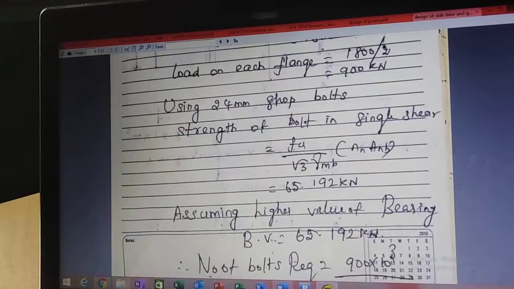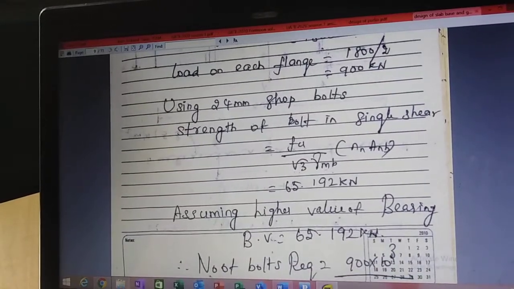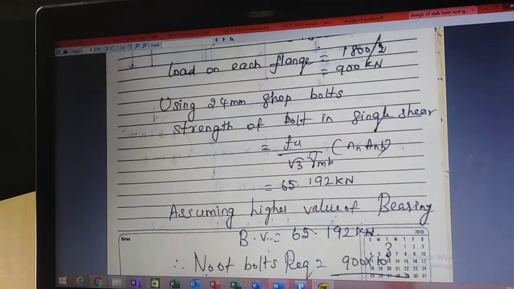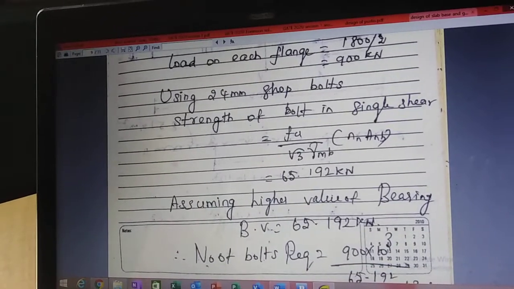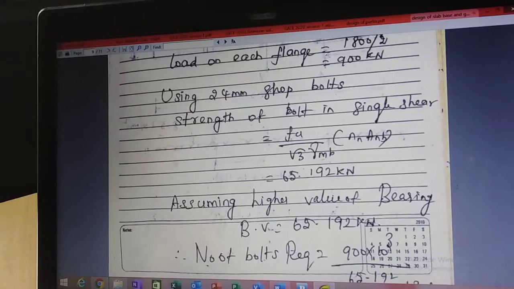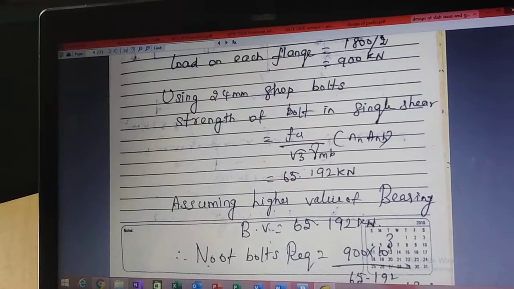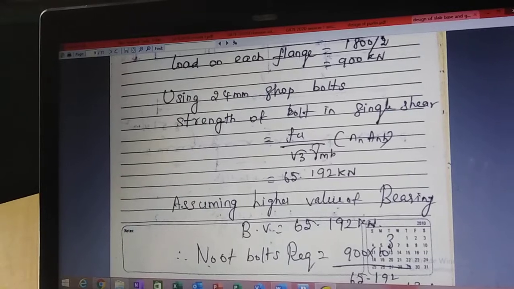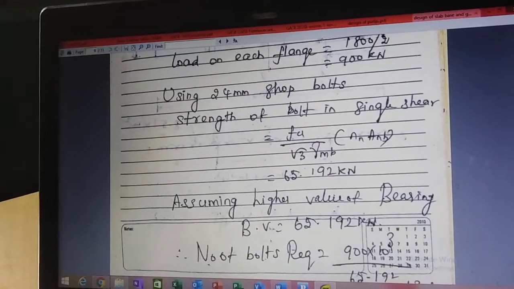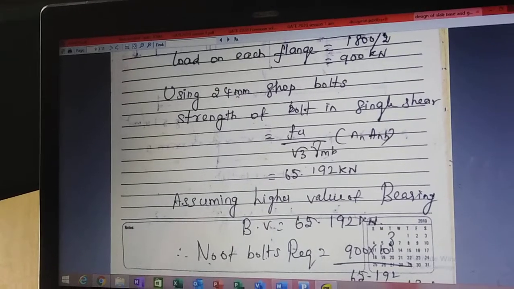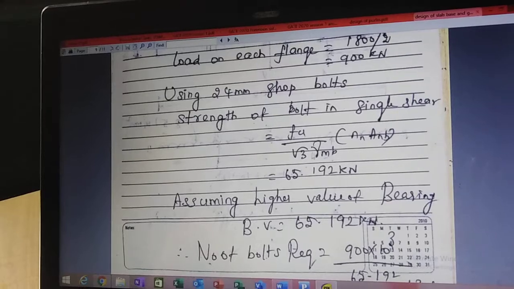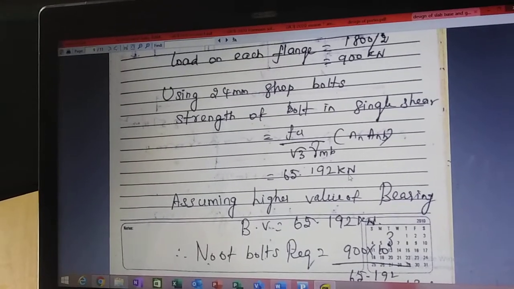I already explained, here we are going to select bolt fasteners, so we have to calculate the number of bolts. Number of bolts is calculated using the formula load by bolt value. Bolt value is taken as the smaller of shearing and bearing. Here I have chosen the diameter of bolt as 24 mm, so the corresponding shearing strength is 65.192 kilonewton.